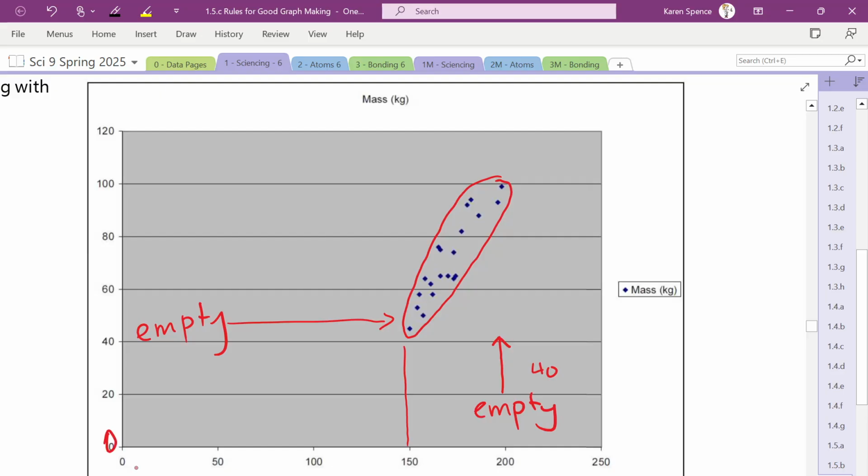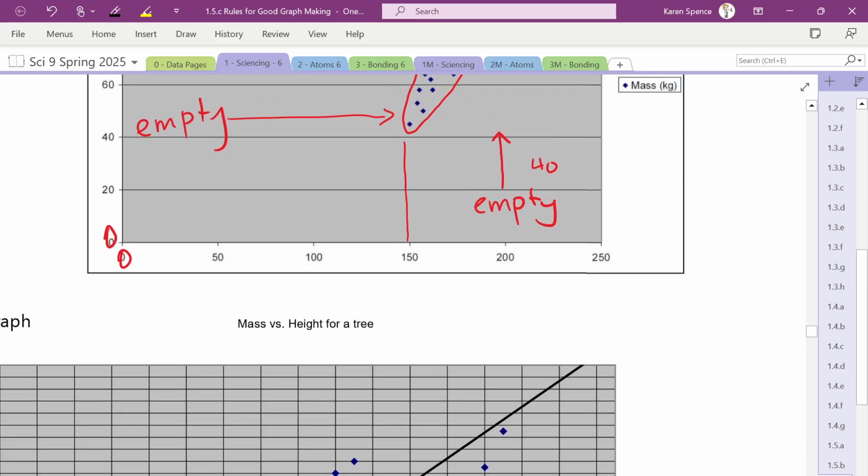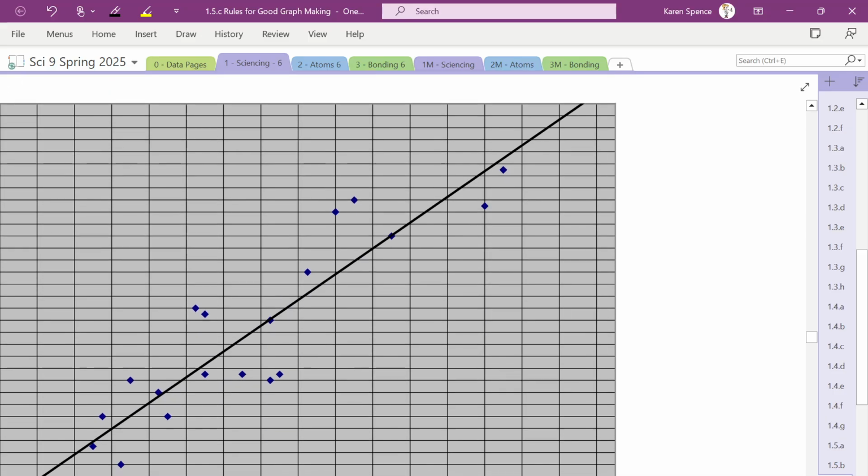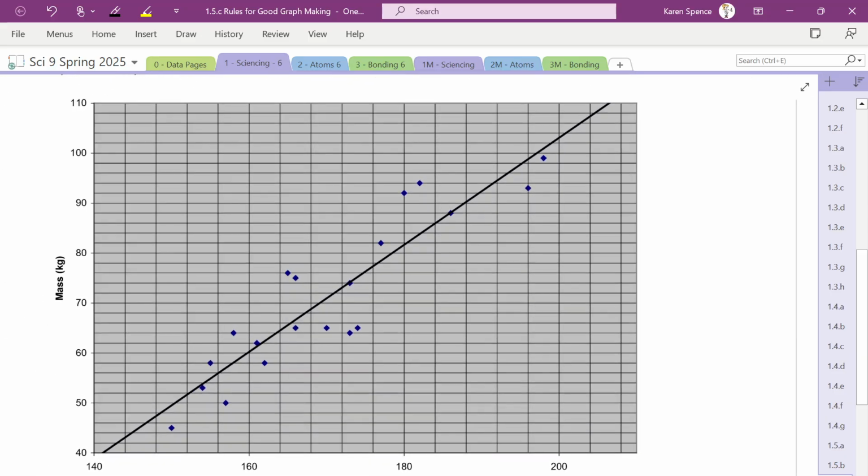Should we start numbering at 0, 0? No, we're not going to number at 0, 0. We are going to start numbering at about 40 for the y-axis and 150 for the x-axis. Let's see what it looks like when we do that. So much better, yes? It fills up the space.